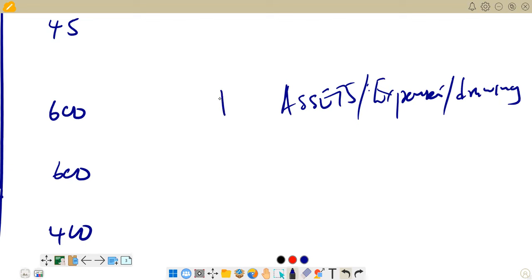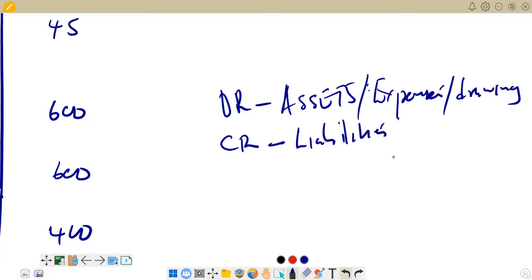All these have a debit balance. So you know that when these accounts are debited, it's a plus, but when they are credited, it's a minus. Then those that have normal credit balances, we've got liabilities.